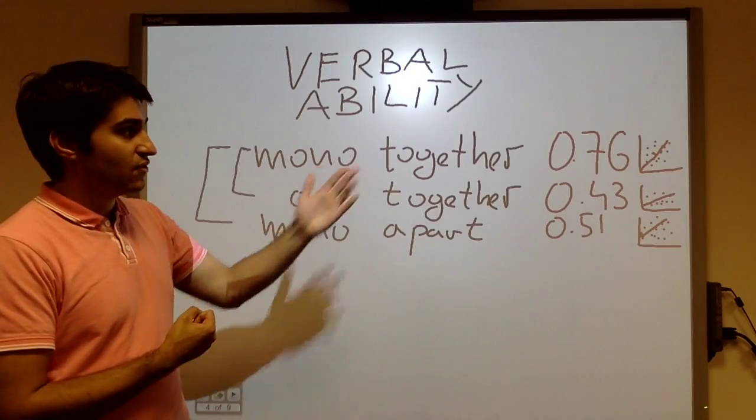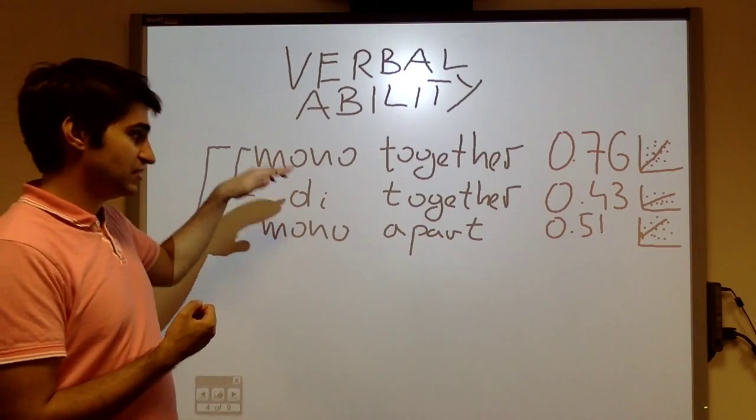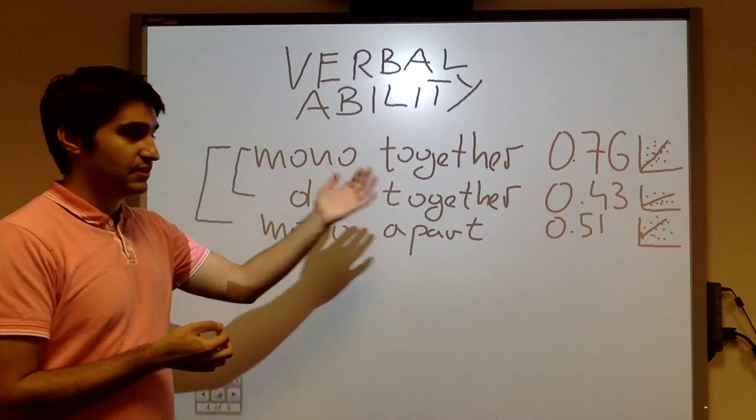And because the strength of correlation is stronger in monozygotic twins that are together than dizygotic twins that are together, that demonstrates the existence of a genetic component.